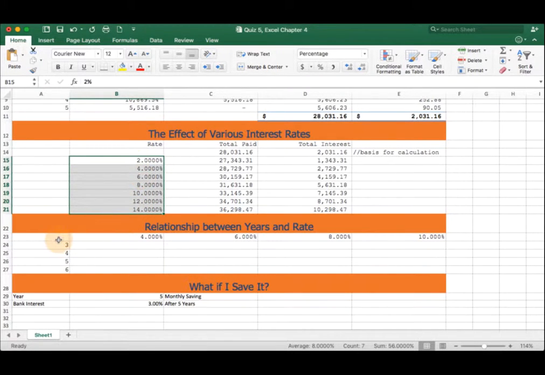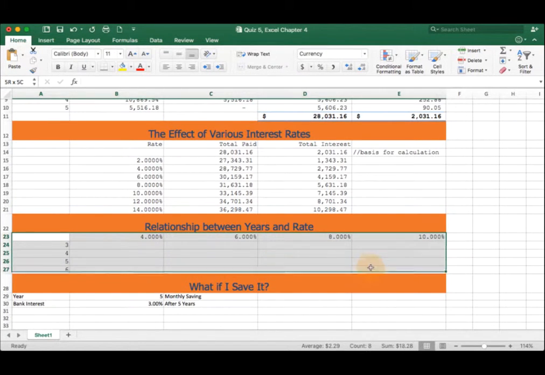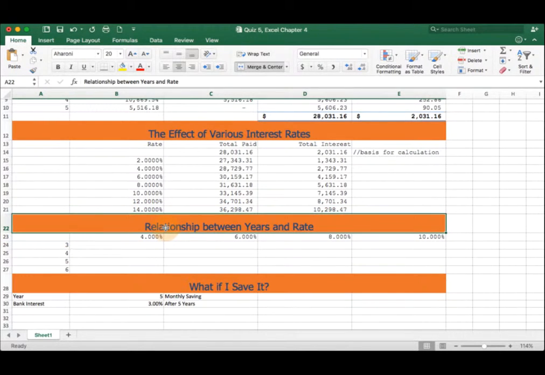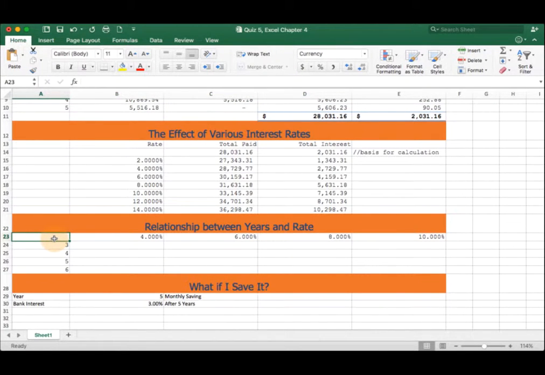And then where do you put your basis for calculation this time? As you can see, if you select like this, this cell remains empty. So this is going to be your basis for calculation. What you do here, since we're calculating the relationship between years and rate, we're trying to observe what happens when not only the interest rate increases, we also want to learn, as interest increases, what happens to the number of years you pay off the loan.